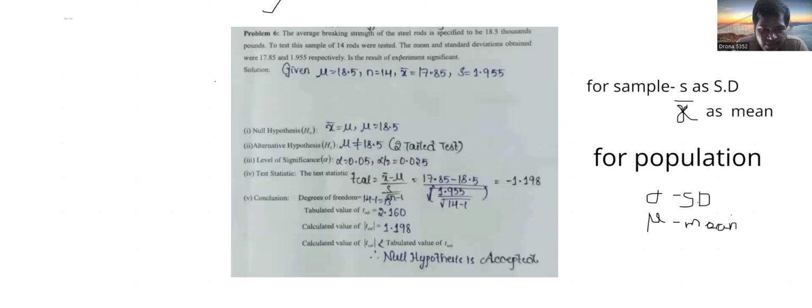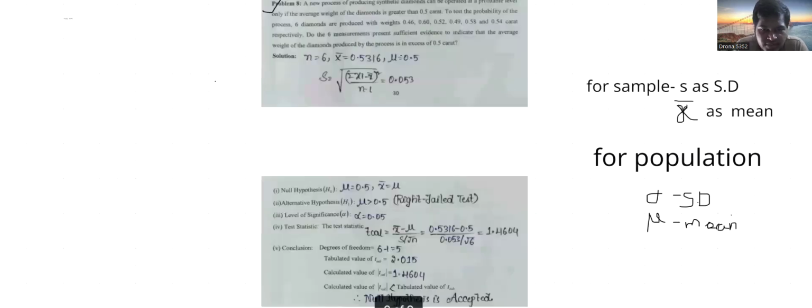Here they have given a new process of producing synthetic diamonds. Here they have mentioned "greater than"; excess means it is a right tail test, a one tail test.